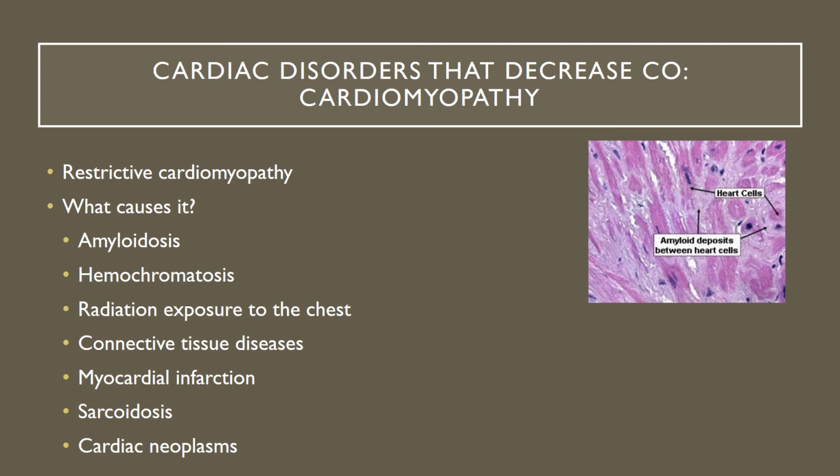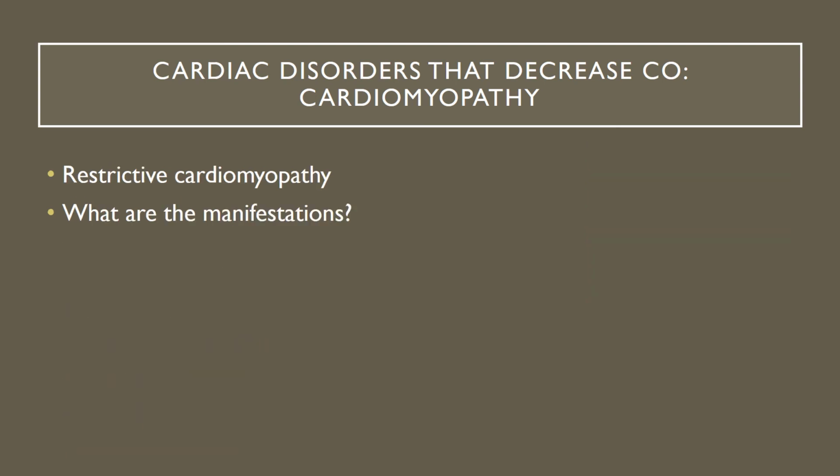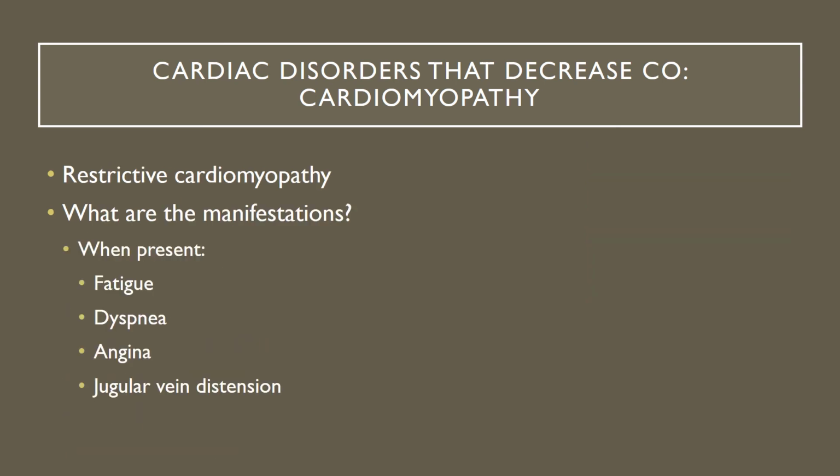So what are the manifestations of restrictive cardiomyopathy? Now, generally, restrictive cardiomyopathy is going to exhibit a lot of the same manifestations that we saw with dilated cardiomyopathy and disorders that decrease cardiac output, like fatigue, dyspnea.